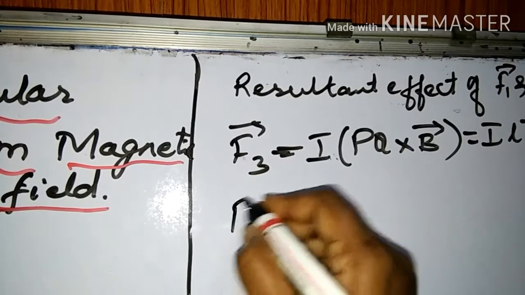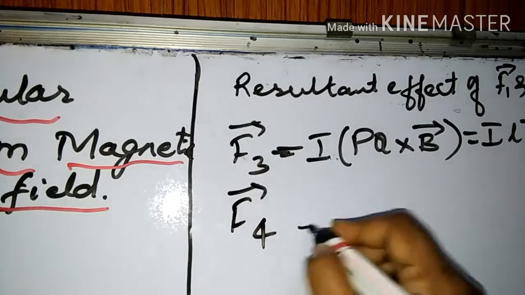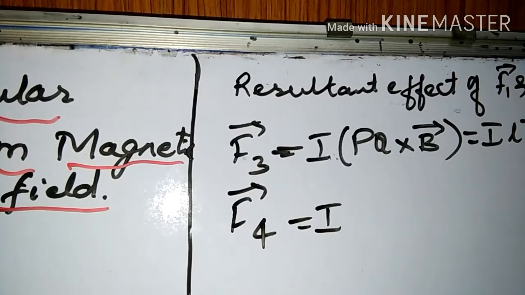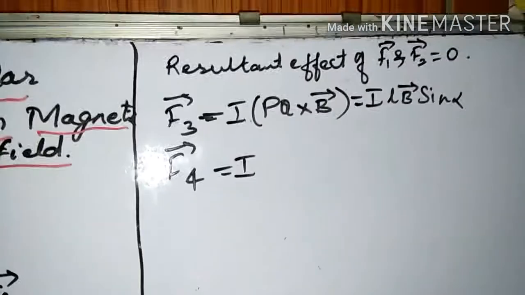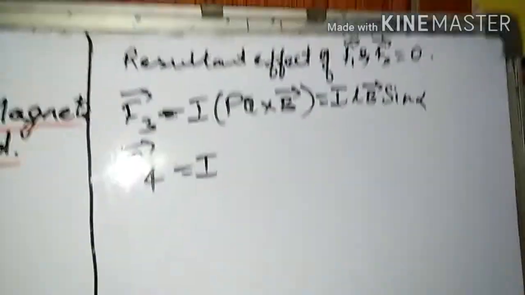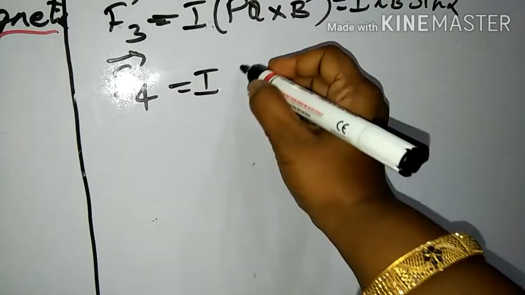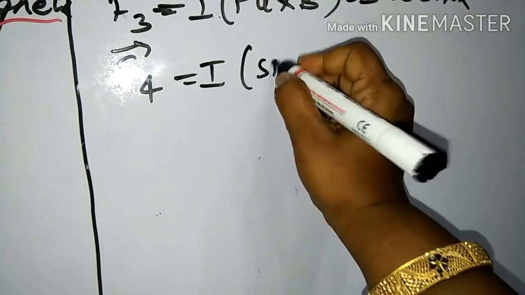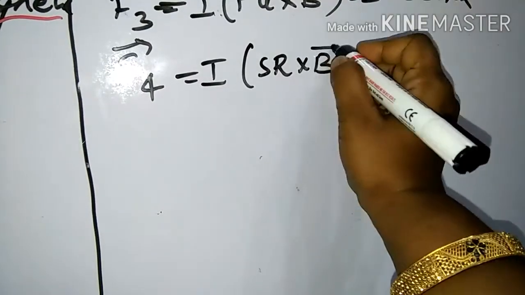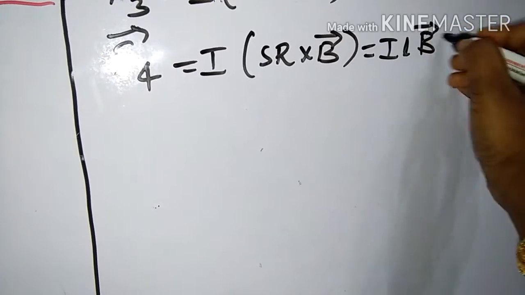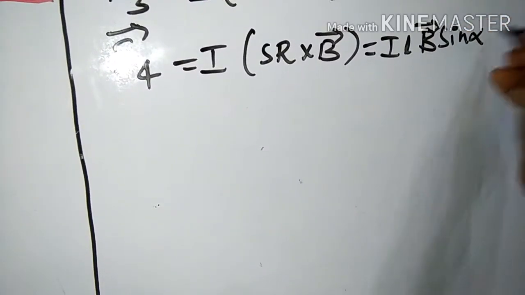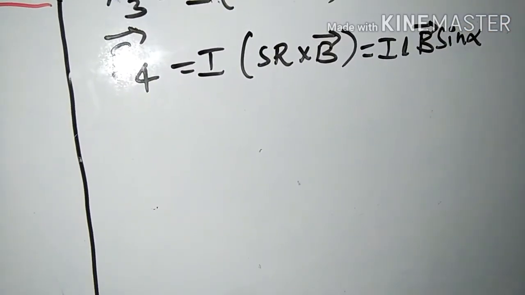And F4 acts on SR, so F4 equals I into SR into B vector, which is I L B sine alpha.